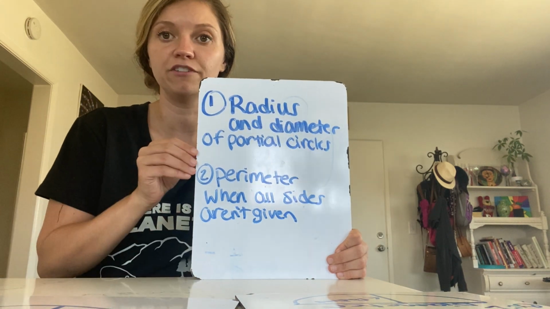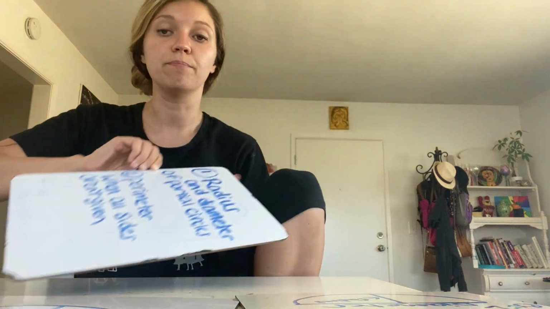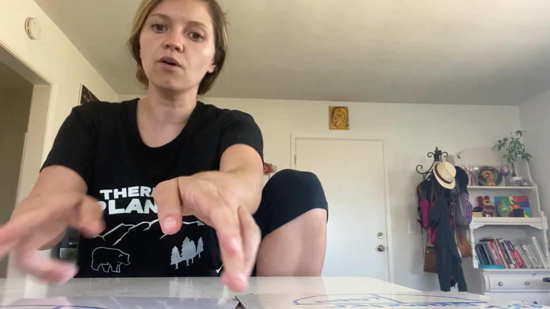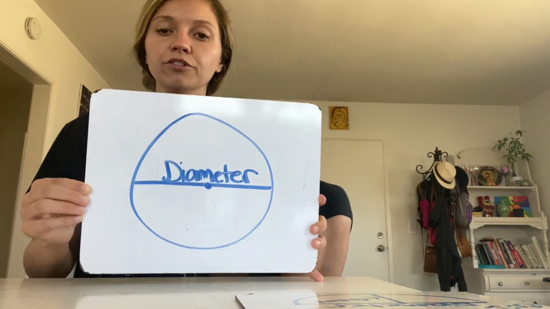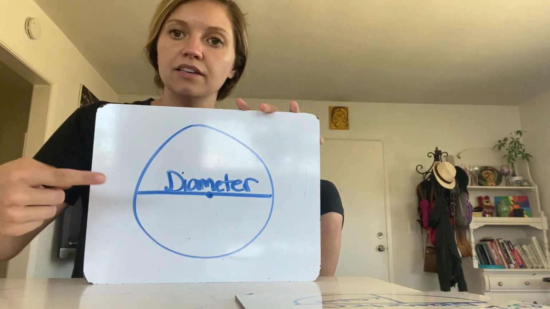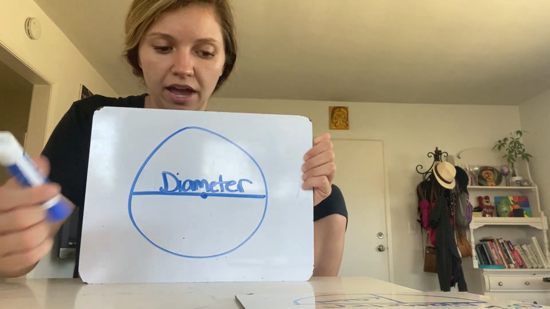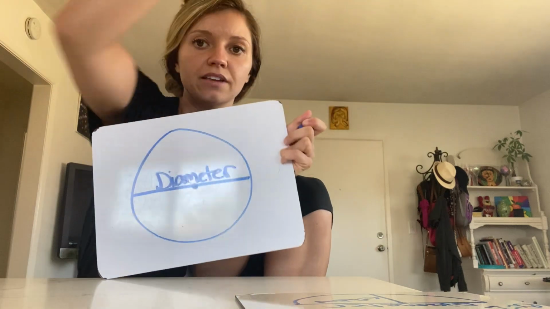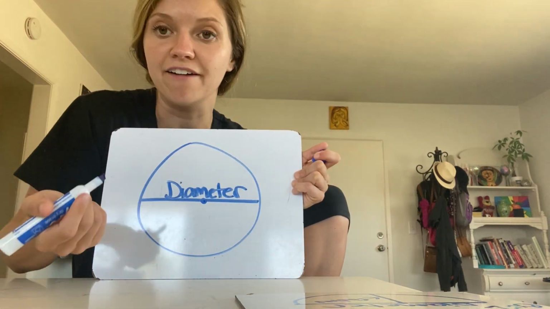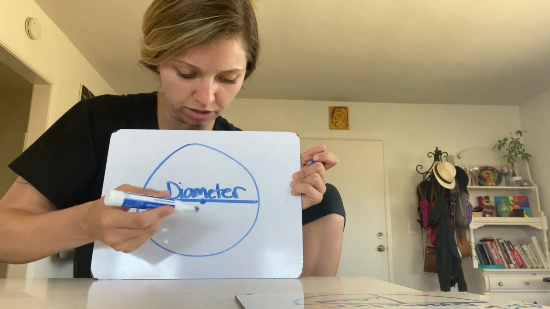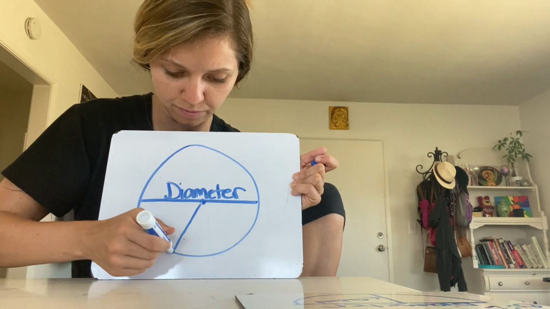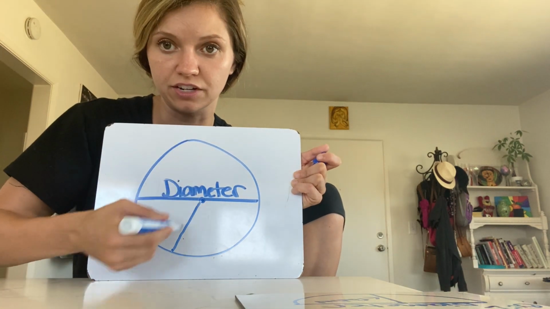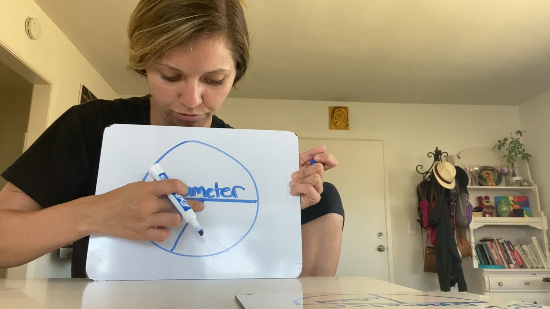We're going to focus on the difference between radius and diameter in partial circles. So as you know, in a regular circle, the diameter is all the way across, okay? And then the radius, everybody, is halfway. So like if this was the diameter, let's say the radius could be like this, any point from the center to there. Okay, so it's halfway.